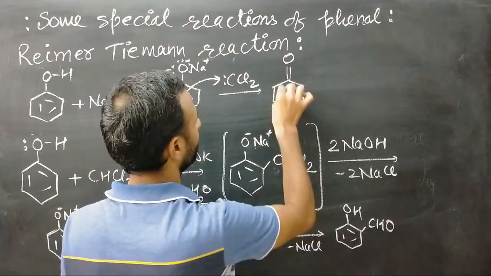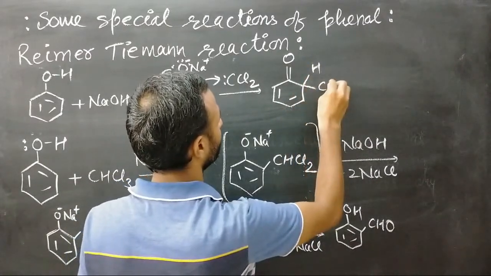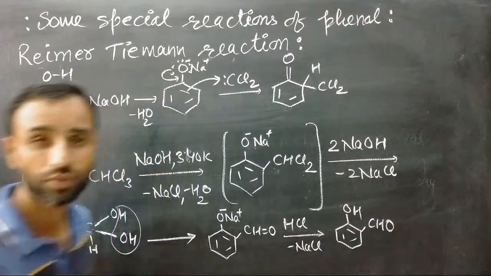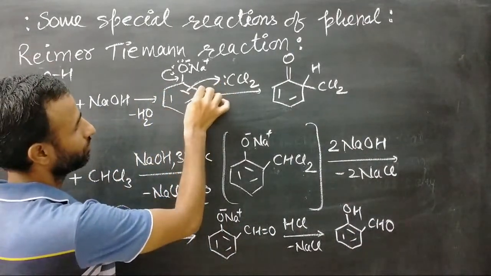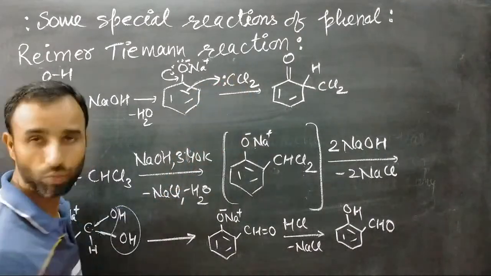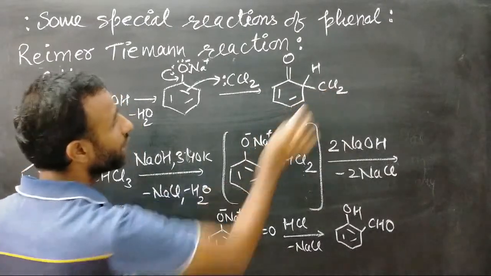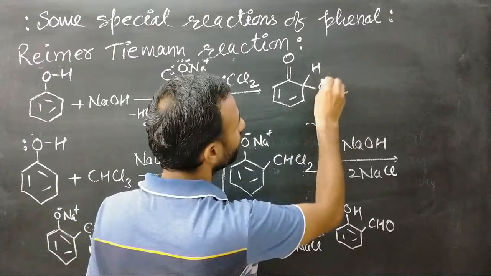we get this product, because this pi electron pair moves here negative and this is lone pair, so we get CCl2 with negative sign.